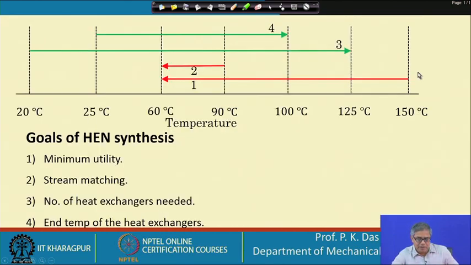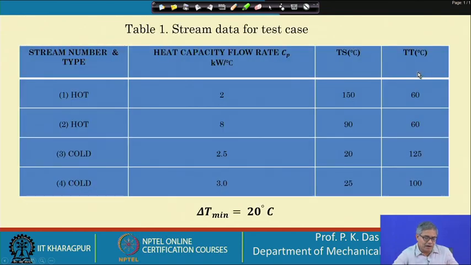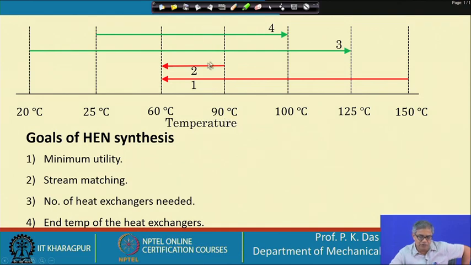You see, let me go a little bit up. Here you see that we have got... or let me use this one. What we try to do then is combine all the cold streams, and again combine all the hot streams.